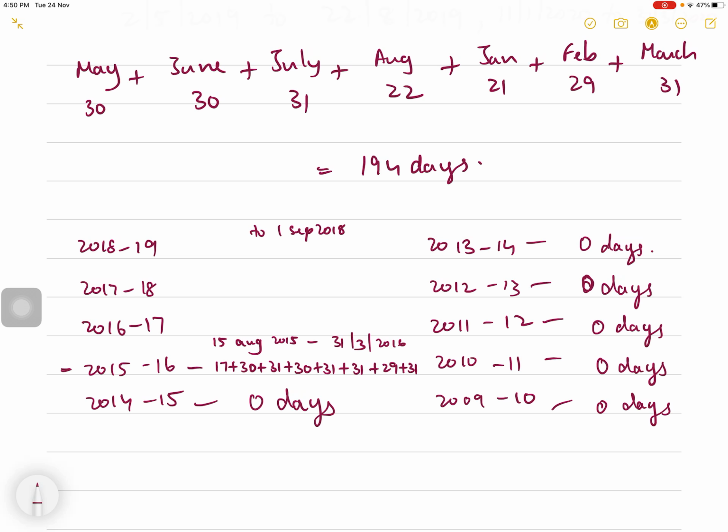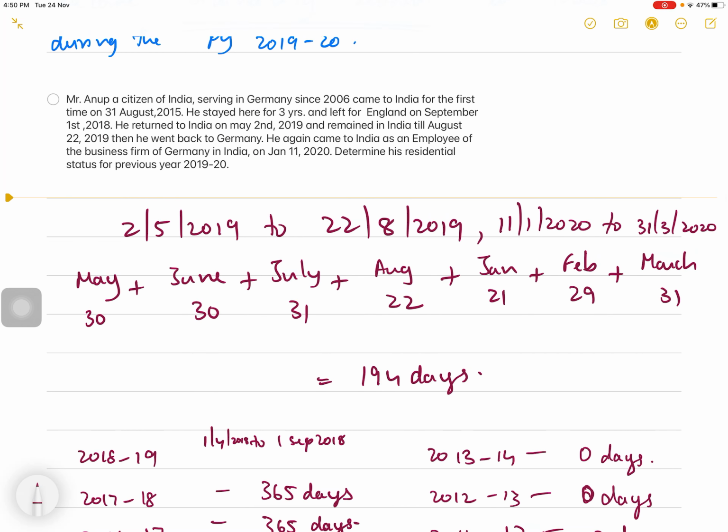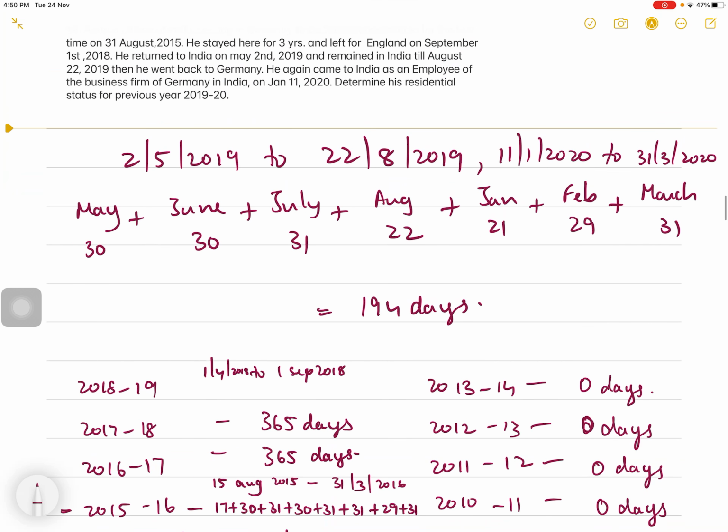So these many days he was there in India during the year 15-16. 16-17, 17-18, the whole year he was there in India, which is 365 days. And during 18-19, from 1st April 2018 to 1st September 2018, he was in India. Later he returned in May 2019.